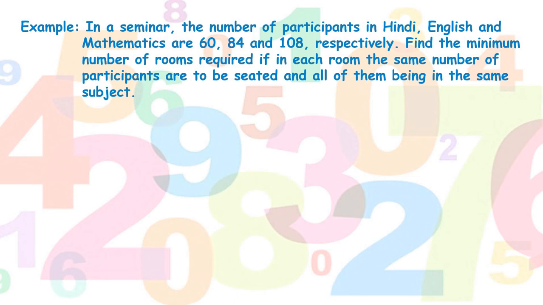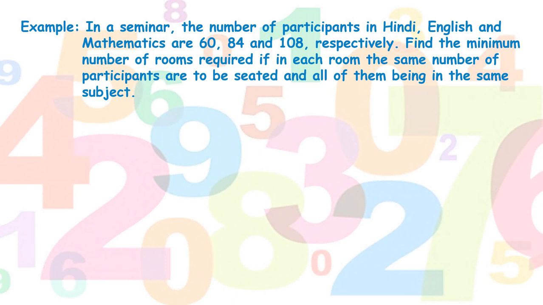Now students, the rooms have to be minimum. So for the rooms to be minimum, the number of students in each room has to be maximum. That means we have to occupy the maximum number of students in a particular room so that the minimum number of rooms are occupied, right?